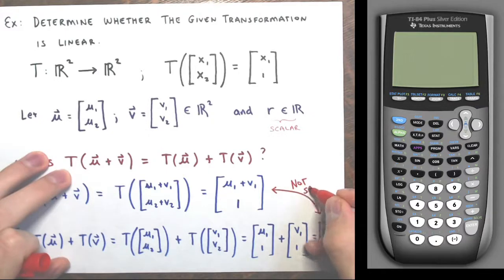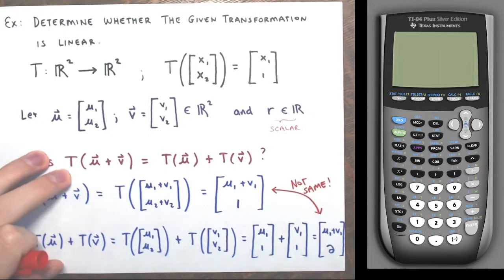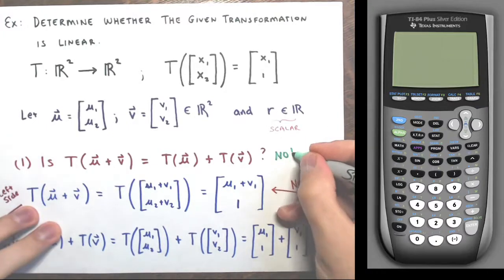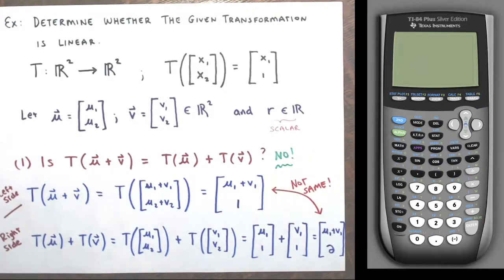So I'm going to show that this is false. You could probably stop here and most people would understand that the answer to this question is no. So this transformation T is not a linear transformation.